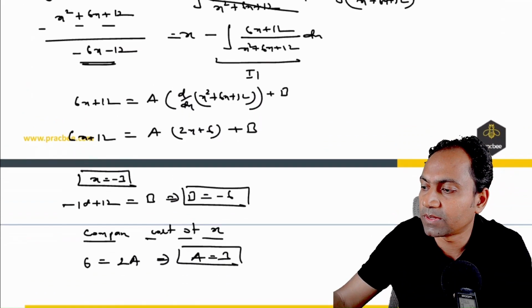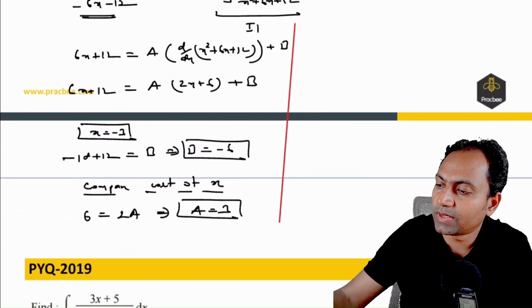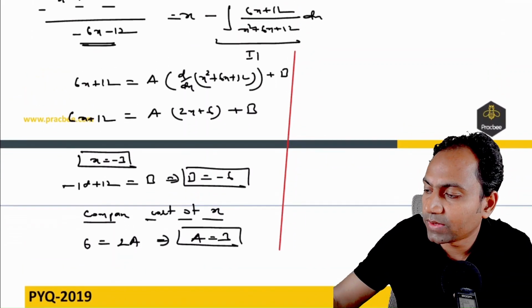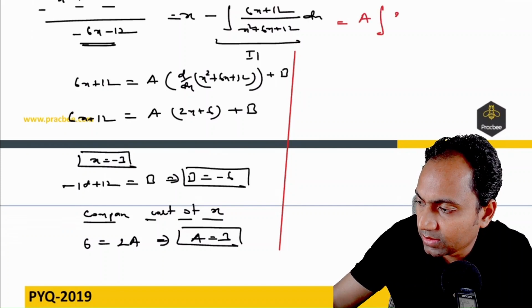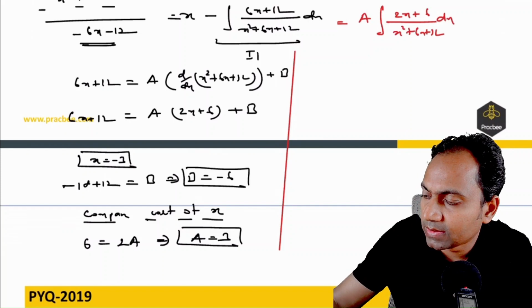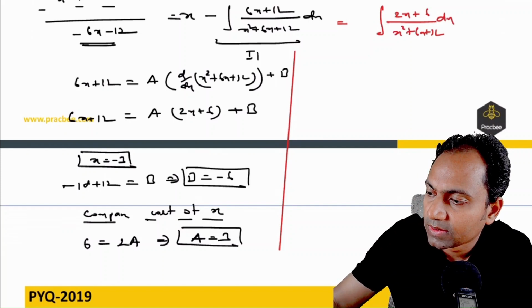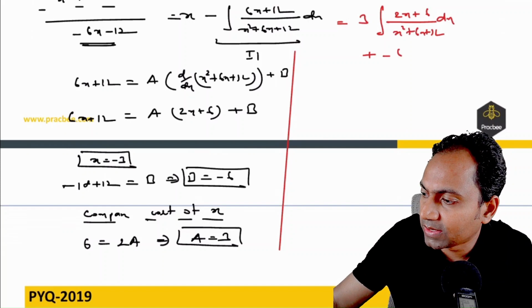Next steps are very simple. We are going to rewrite this integral. It can be written as a times the integration of the derivative of the denominator, and let us put the value of a here. This a is 3, and then plus b, that is minus 6, into dx by x square plus 6x plus 12.